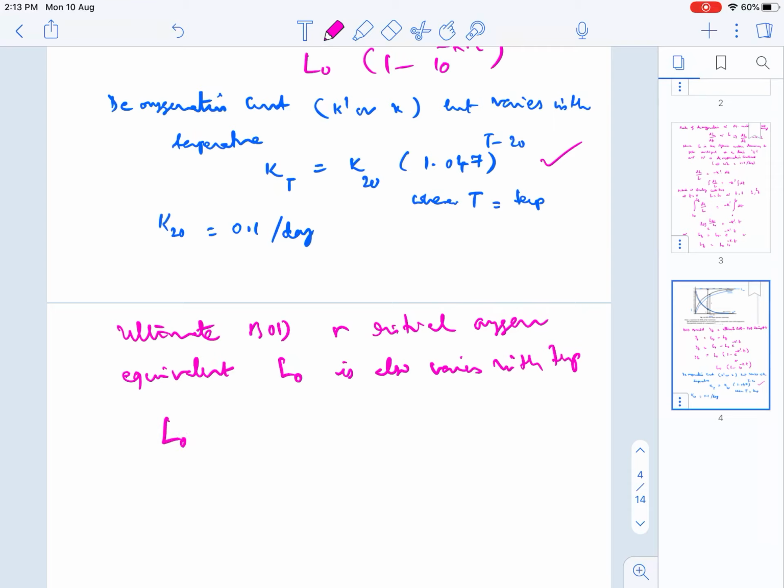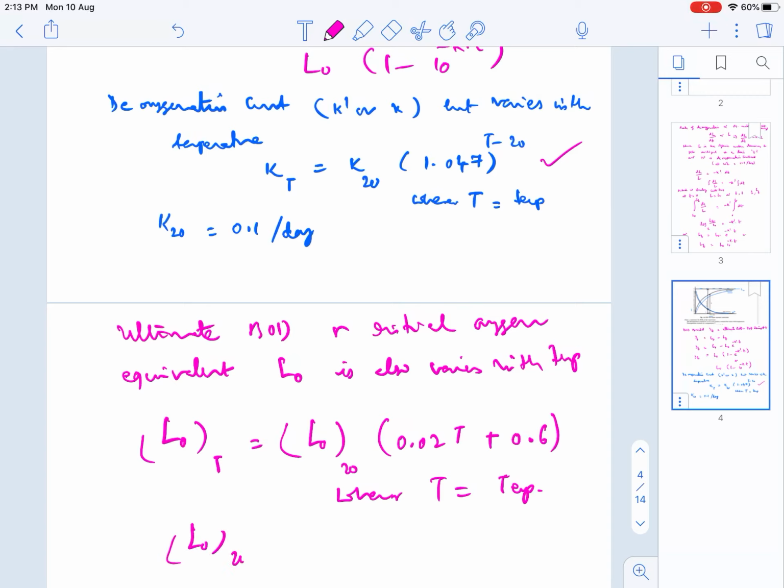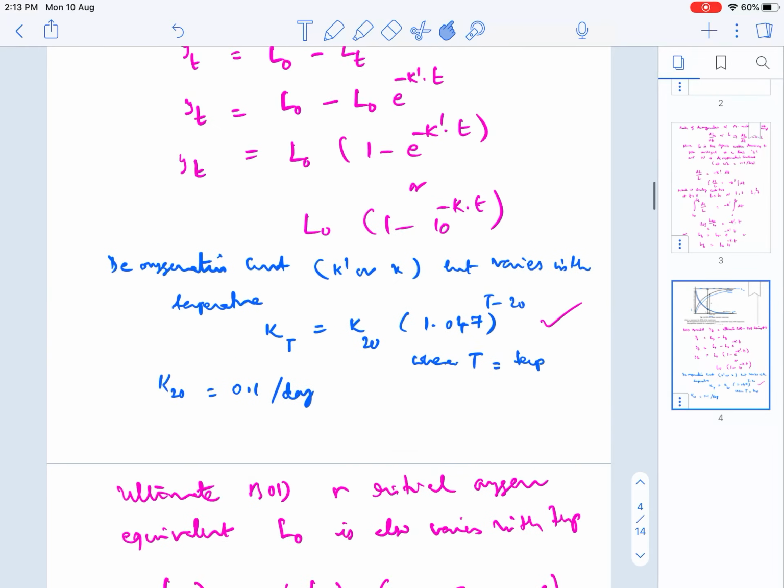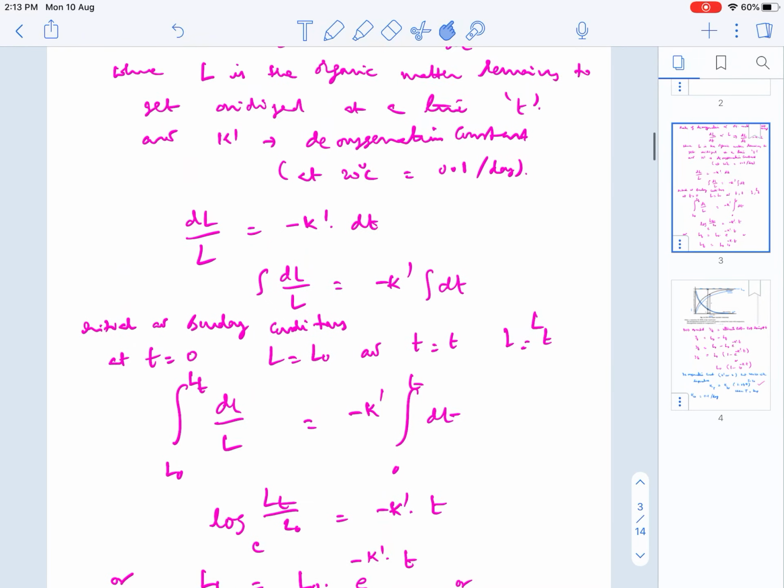That means the ultimate BOD at any temperature T is equal to the ultimate BOD at 20 degrees centigrade into (0.02 T plus 0.6), where T is the temperature and L0 at 20 is nothing but the ultimate BOD at 20 degrees centigrade.